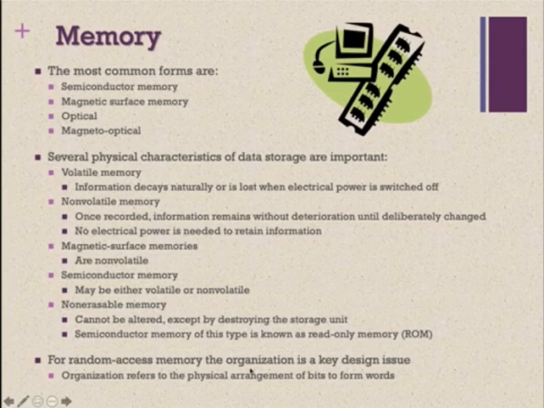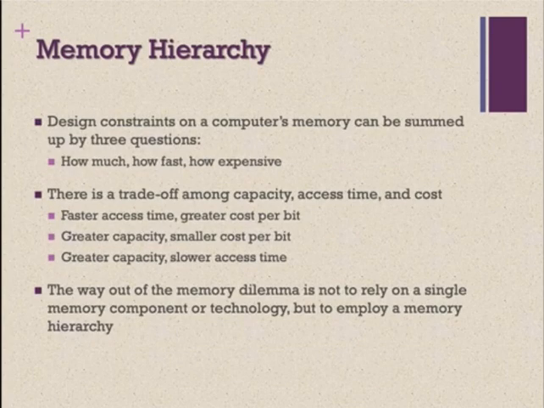For random access memory, the organization is a key design issue. For the RAM, it depends on how the blocks are organized. Now, the memory hierarchy design: how much you should use register, how big the cache should be, how big the RAM should be, and how big the HDD should be.